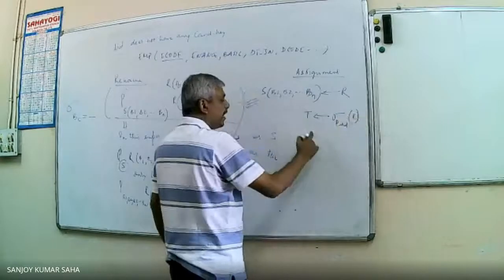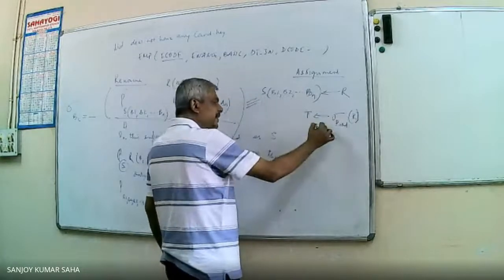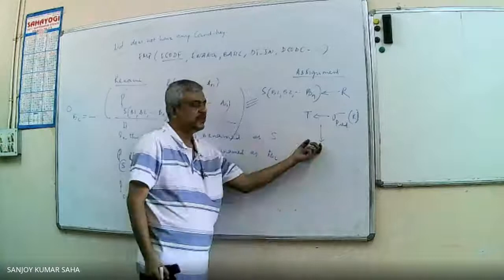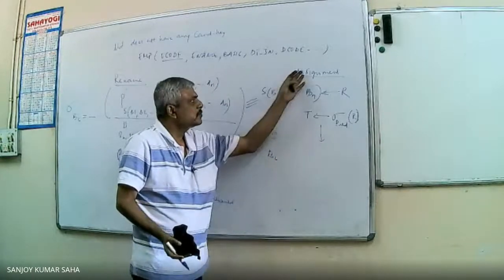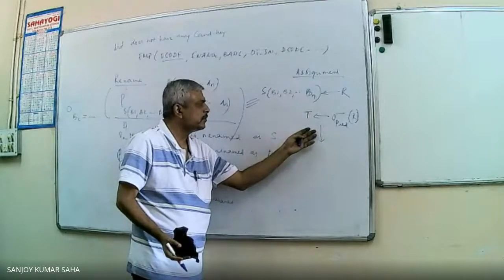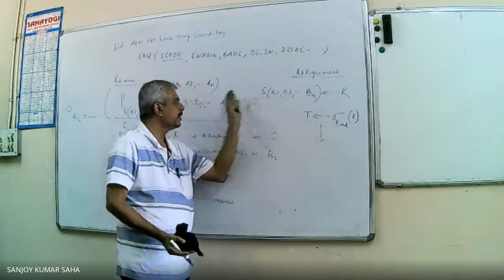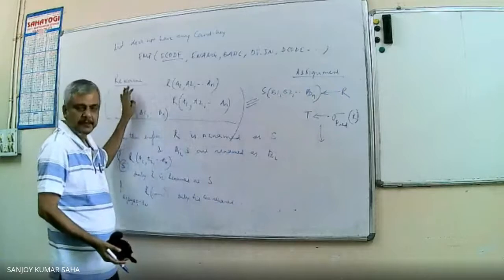I am putting this to R, this to T. In the next step, I am working with T. So the expression can be broken in this way also. With the help of assignment one can do it, but classically the operation is rename.